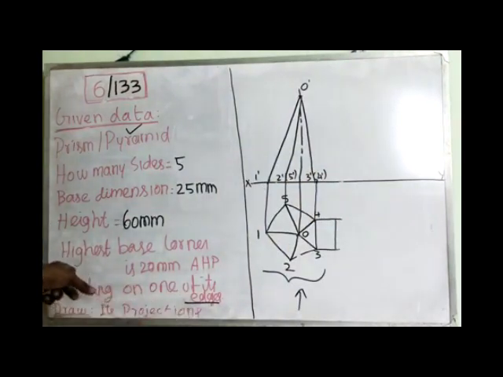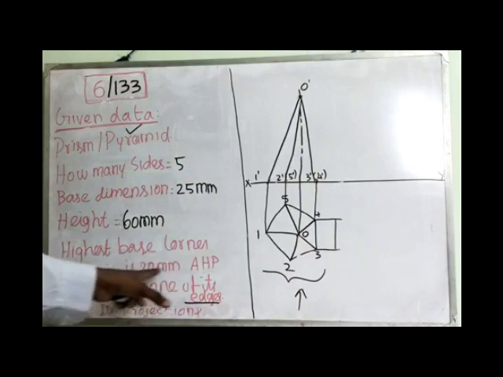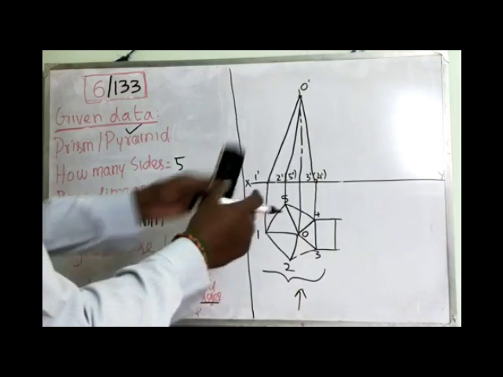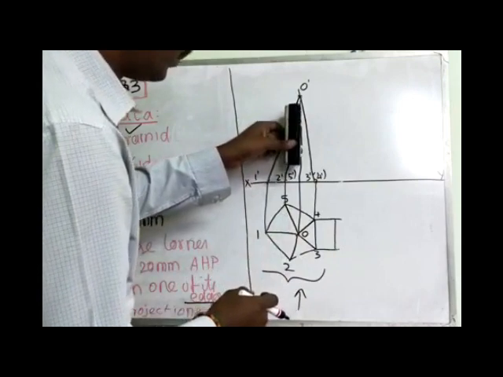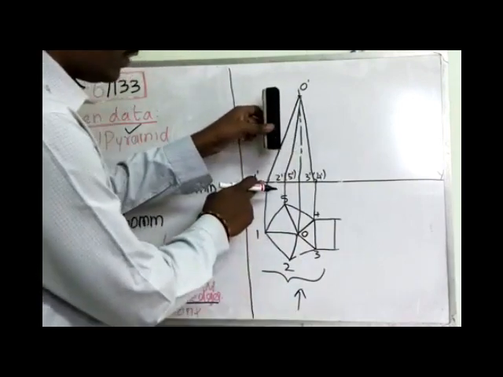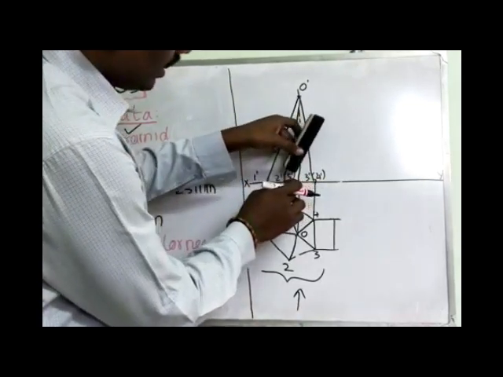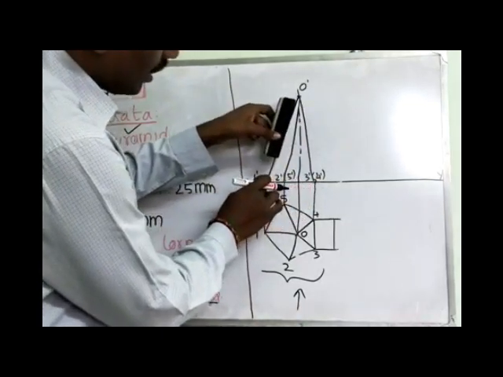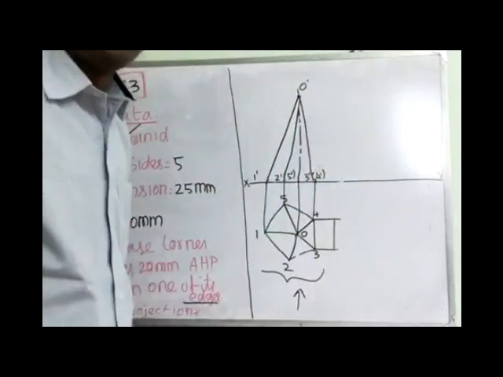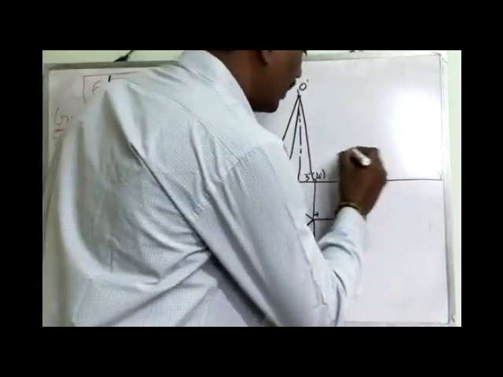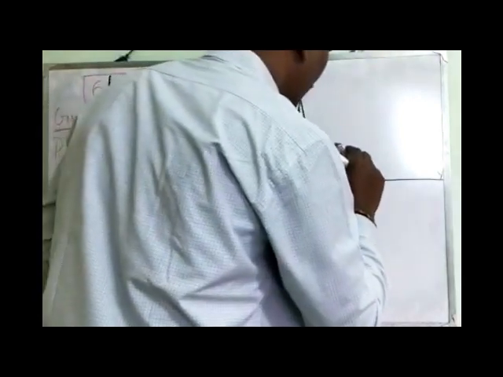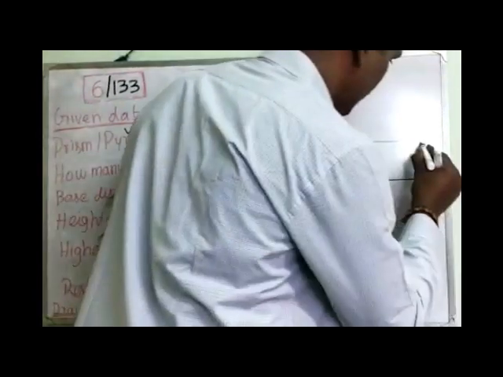Now the question is that it is resting on edges and the highest base corner is 20 mm above HP. Now when you tilt this pentagonal pyramid, only the left side corner is available. If you tilt the pyramid, this corner is 20 mm above the base. So 20 mm above the base somewhere you draw one line with a 2H pencil.